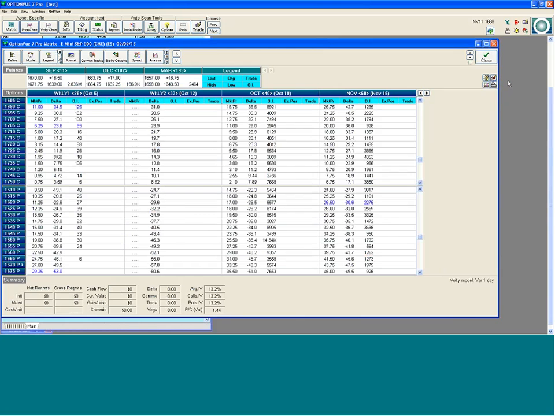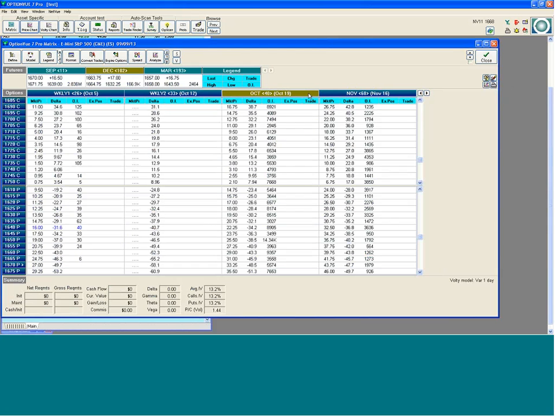You could also do what's called a reverse diagonal calendar put spread. Well, reverse diagonal means we're going to buy the front month, sell the deferred month.